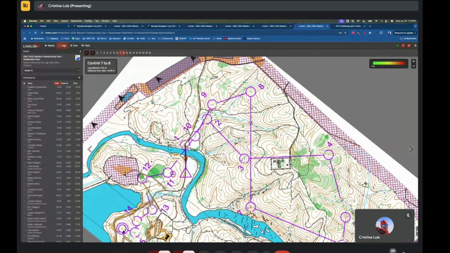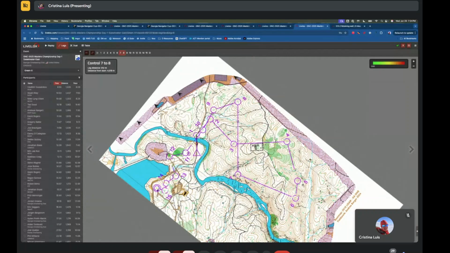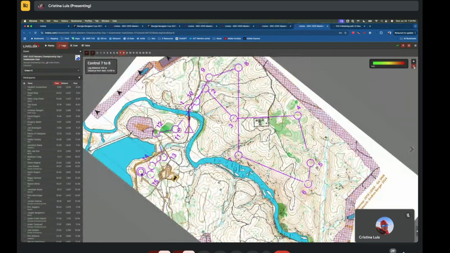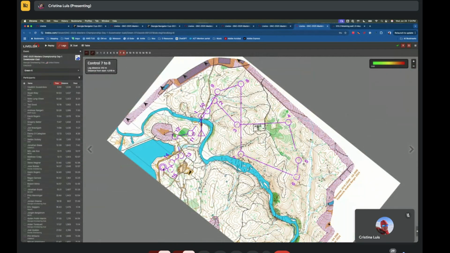I'm going to zoom out a little bit. I didn't do that the last one, so you can see that, especially for those who weren't there. This event took place in the same area, same park, both days. But the first day was over on this side of the creek or river, which was steeper hills.